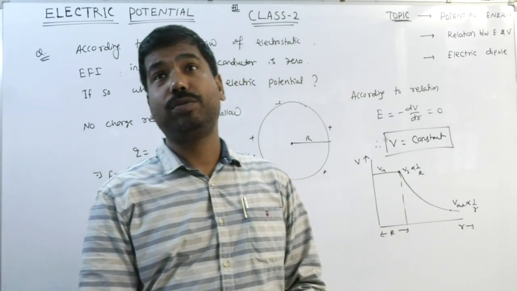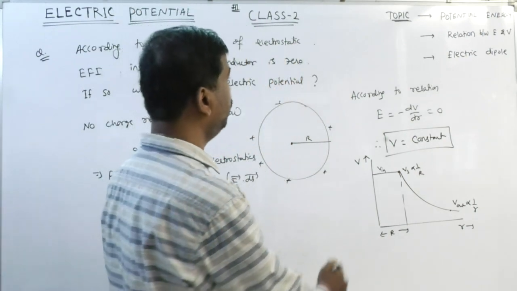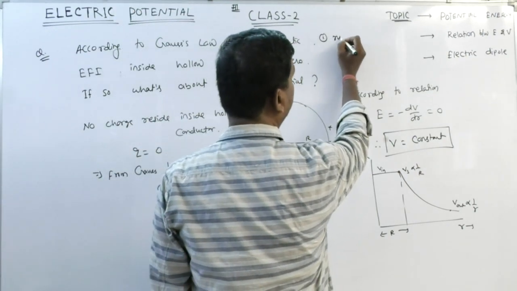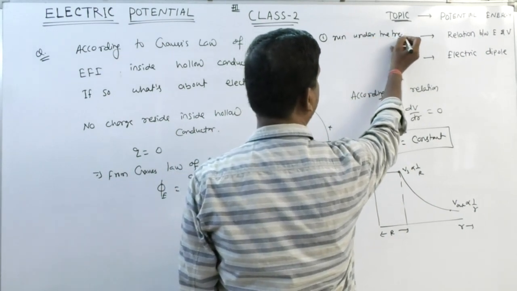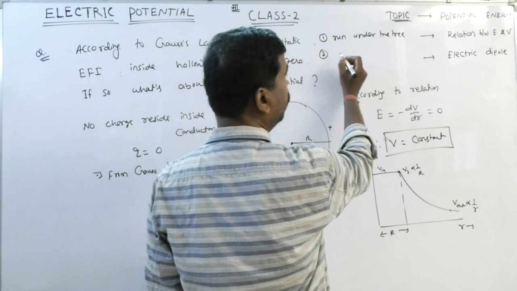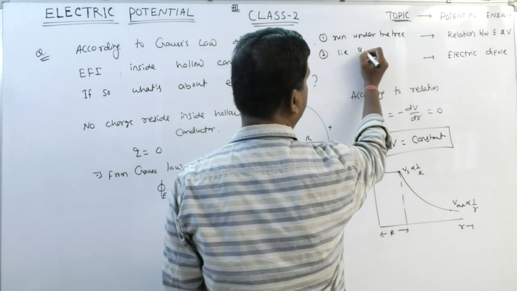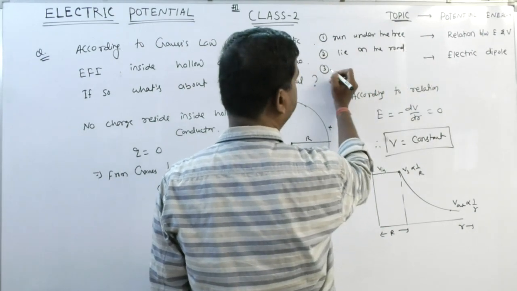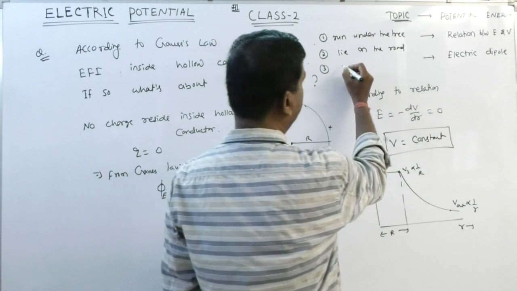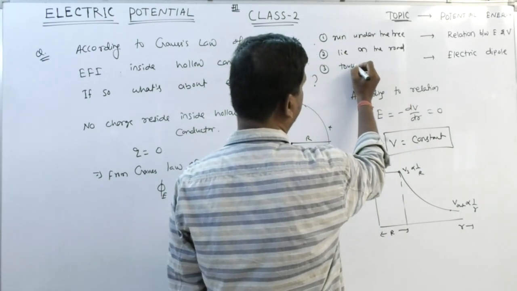And option number 4: he will remain inside. What are the options? Run under the tree, option number 2; lie on the road, option number 3; touch the electric pole.